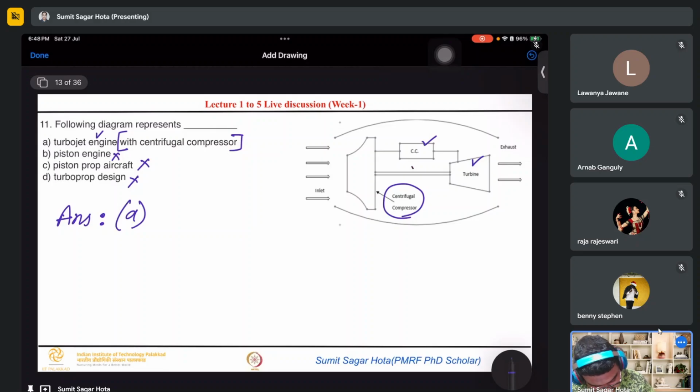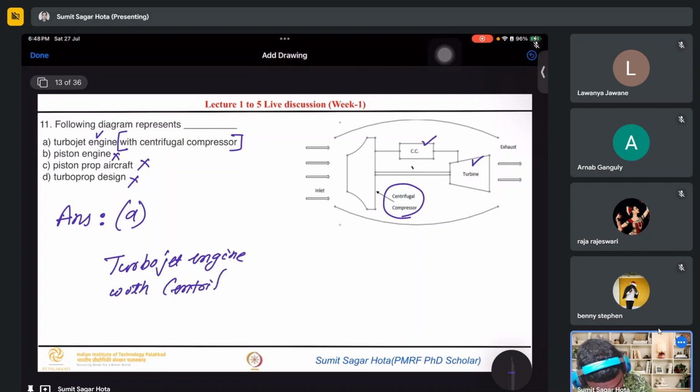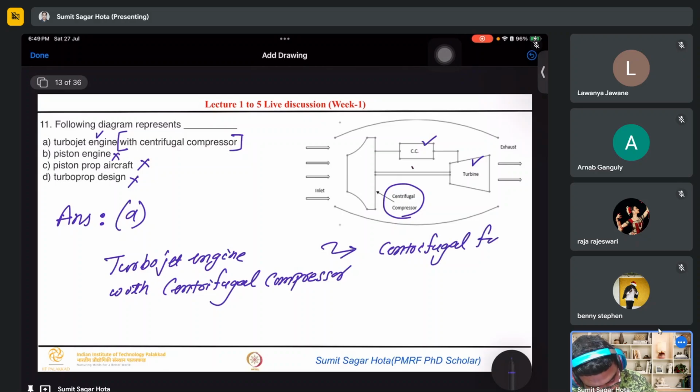And so in this engine, the centrifugal force drives this engine.